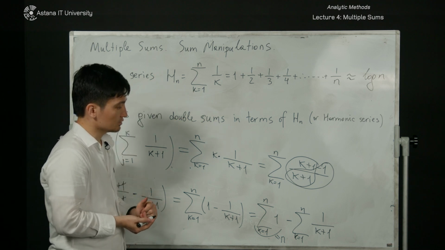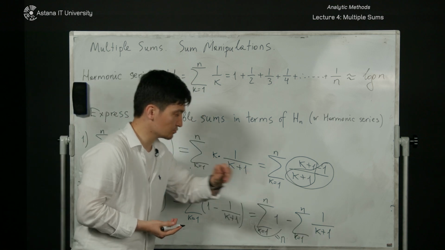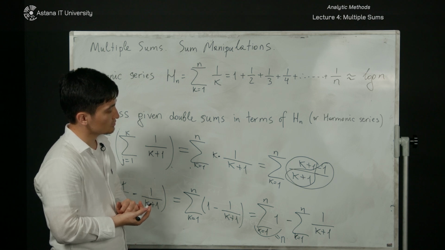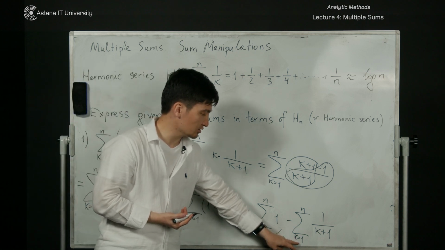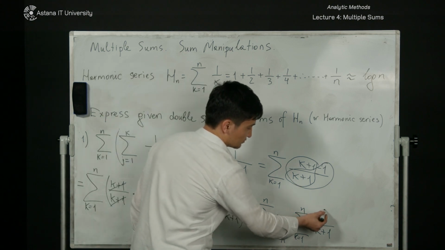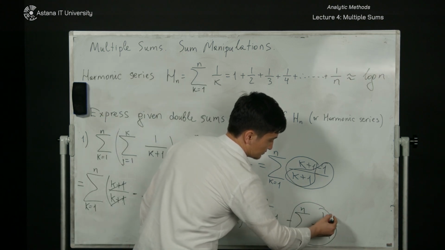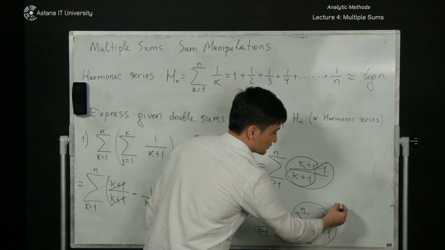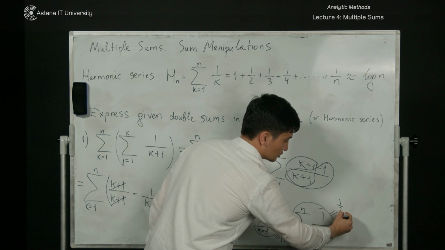Well, if you expand this sum, what you can see is that we are starting when k equals 1 with 1 over 2. When k equals 1, the first term will be 1 over 2.